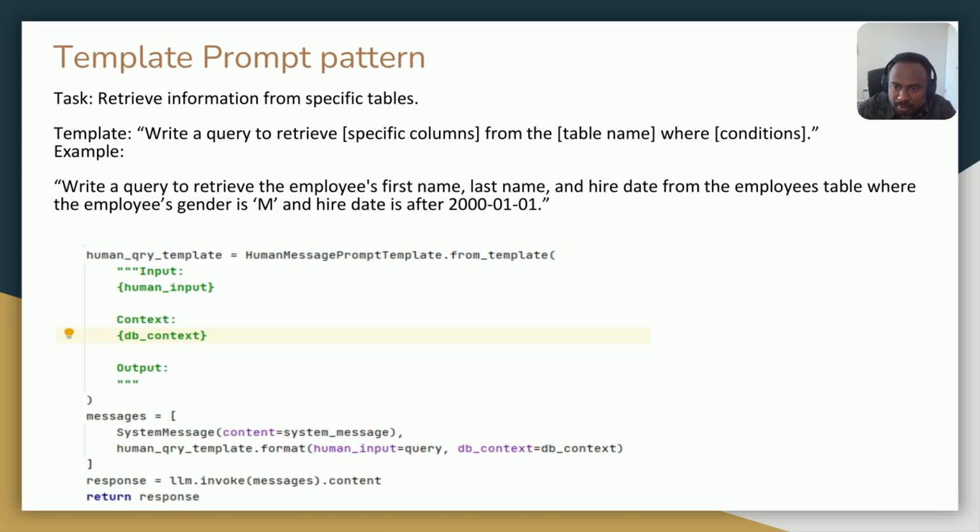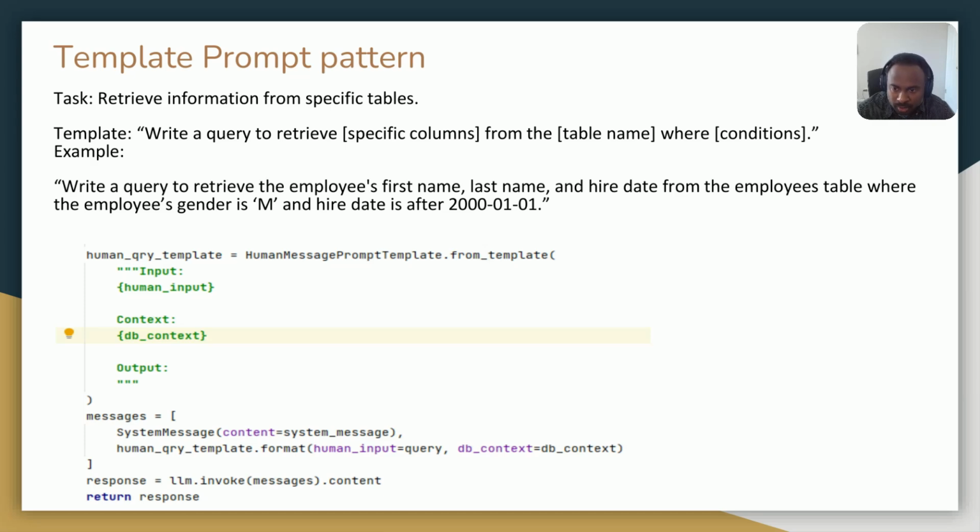So here's an example of the template prompt pattern, where the task is to retrieve specific information from specific tables. For example, the template is: write a query to retrieve [specific columns] from the [table name] where [conditions]. And this template can be used for different queries depending upon different tables and different conditions.